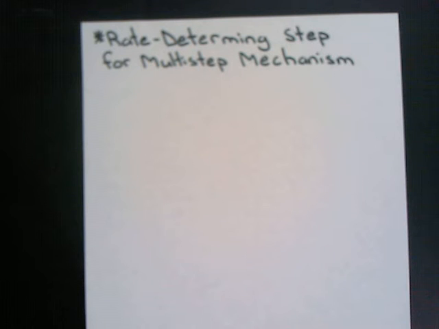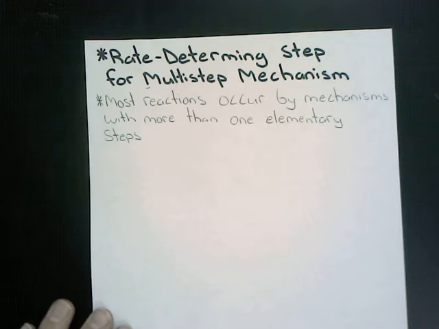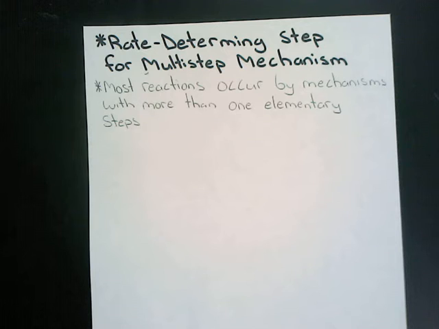One, we have to keep in mind that most reactions occur by mechanisms with more than one elementary step. And often, one of these steps is much slower than the others.